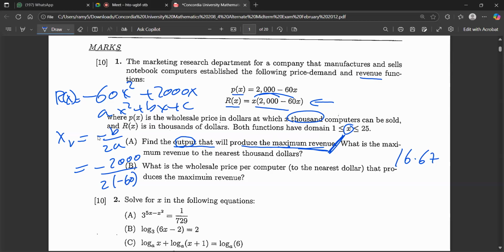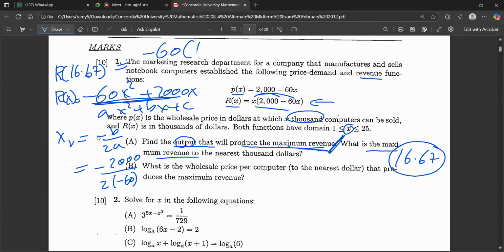Okay. Perfect. The other half of the question is: what is the maximum revenue itself? I will substitute 16.67 in the revenue function. R of 16.67 equals negative 60 times 16.67 squared plus 2000 times 16.67.